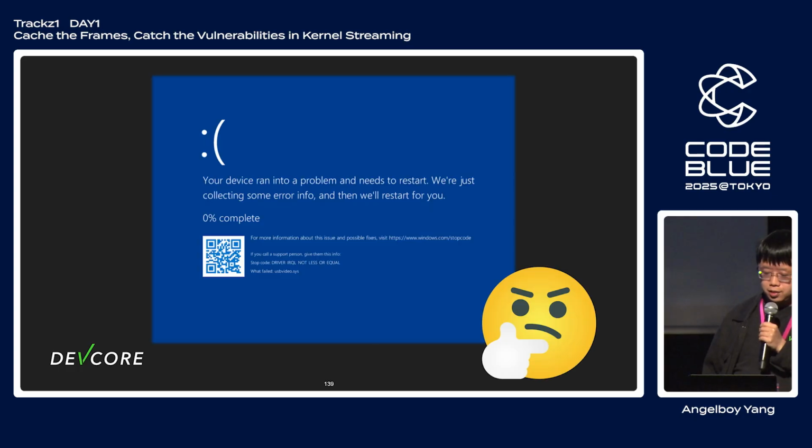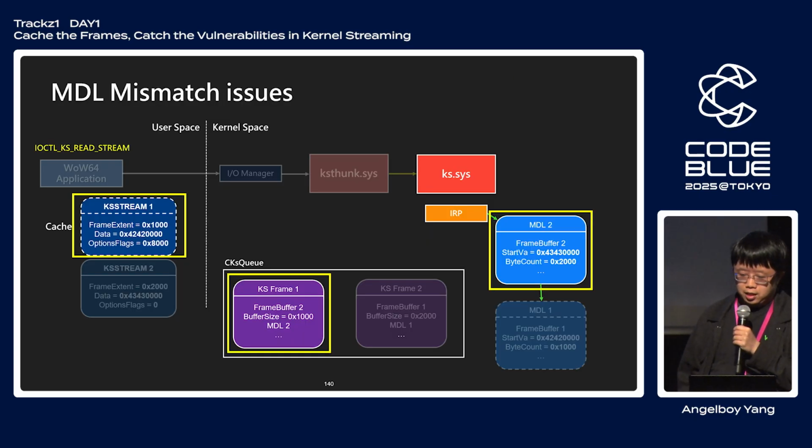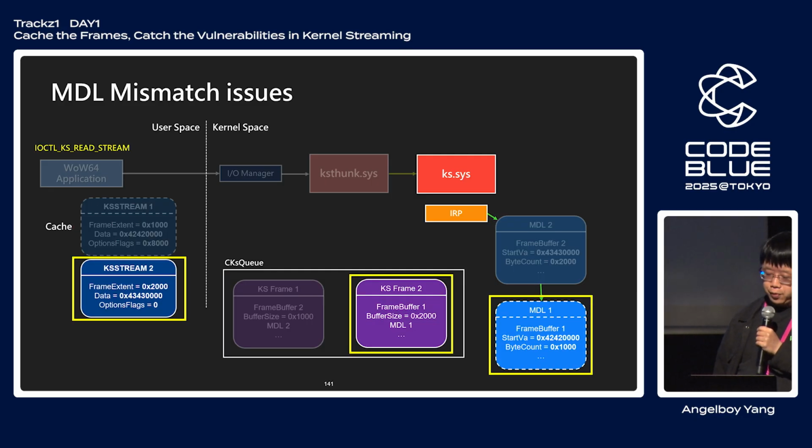After we run it, we got a BSOD. Why? The root cause of this issue is a mismatch between the cache string header and its corresponding MDO for each frame. For instance, the first cache string header might get paired with the MDO of the second frame, while the second cache string header gets linked to the MDO of the first frame.